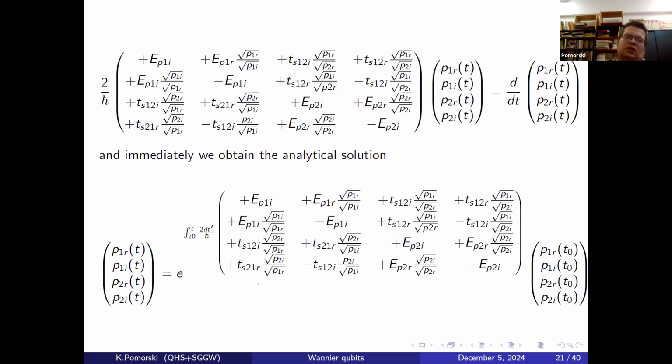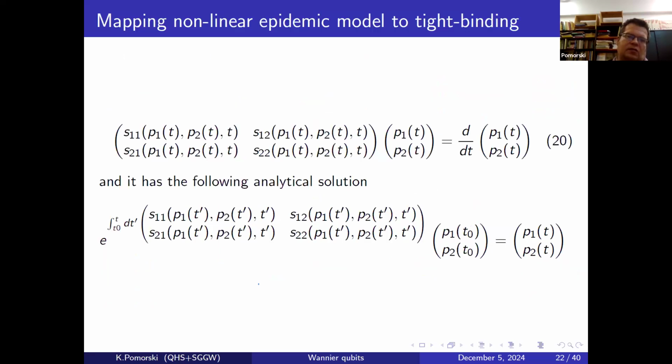What is interesting is that you can write similar but not the same equations of motion in such a type of system, which is analogous but not the same as quantum mechanics. So this is from the classical stochastic mechanics perspective. This is referring to a single Wannier qubit. So this is our conclusion on this mapping procedure that is also formalized.